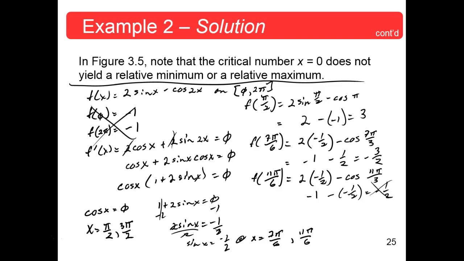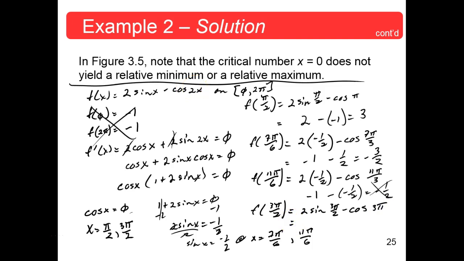One more to go. f of 3/2 pi. Now, 2 times the sine of 3/2 pi minus the cosine of 3 pi, because 2 times 3/2 pi is 3 pi.